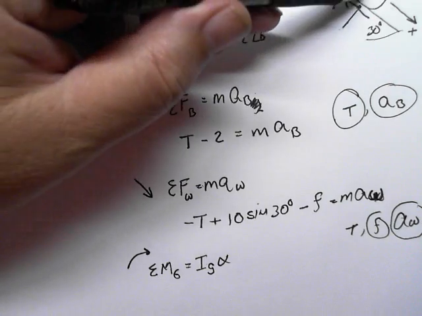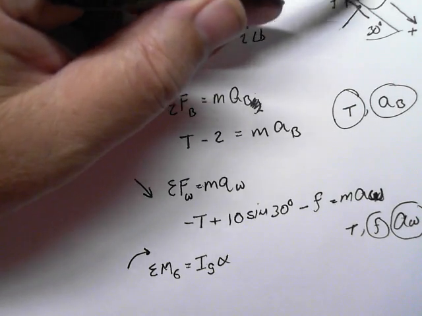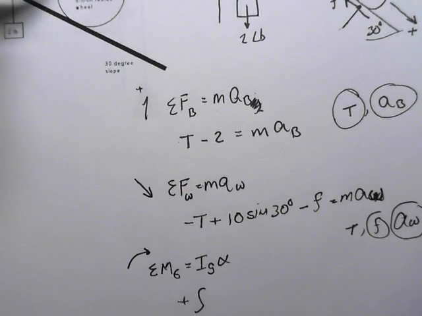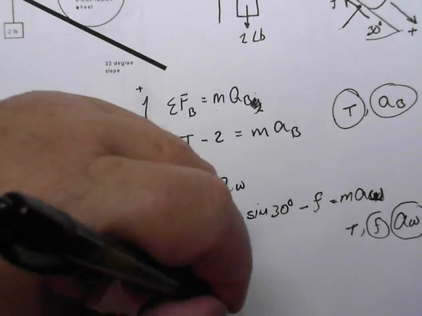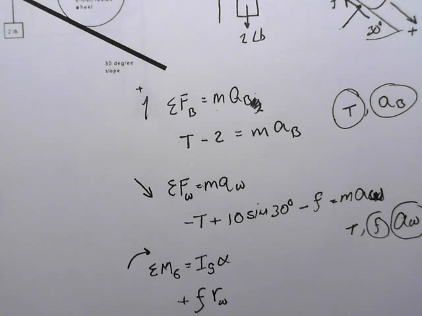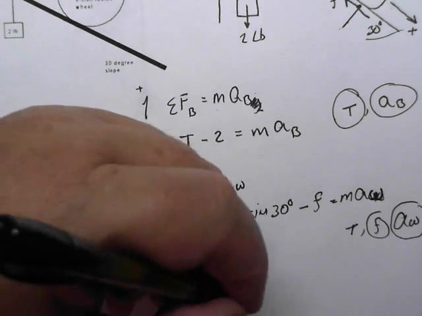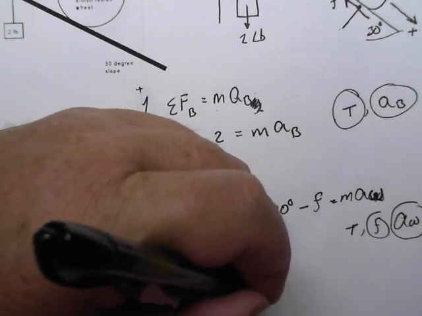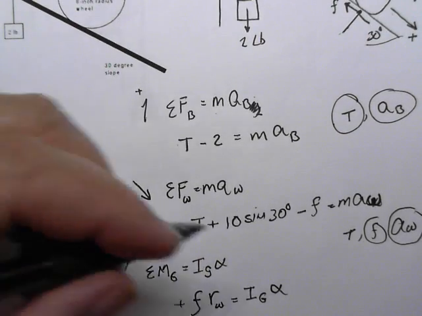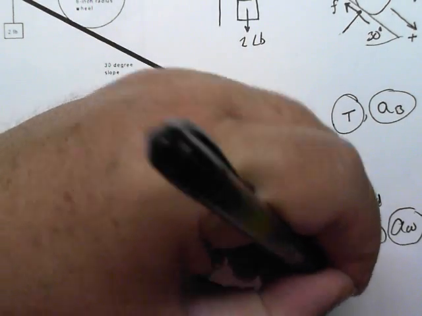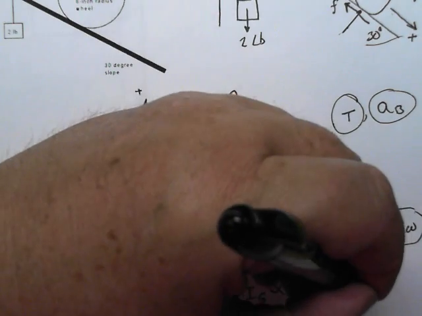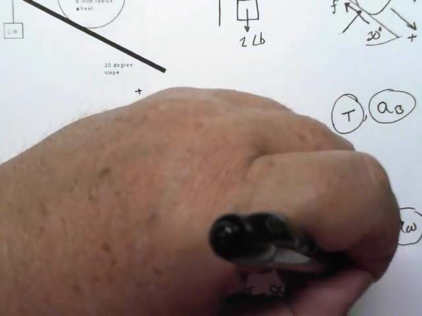The normal passes through, the rope tension passes through, gravity passes through, and so we're going to have plus friction force times the radius of the wheel as our only moment term, is equal to Ig alpha. And in this one we have unknowns: friction, the radius of the wheel we would know, the Ig we'll know shortly, and the alpha is unknown.